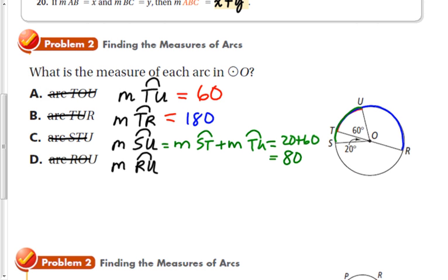And the measure of RU is part of the semicircle, so we're going to take 180 minus the measure of arc TU. The measure of arc TU was 60, so 180 minus 60 equals 120. All right, try that.